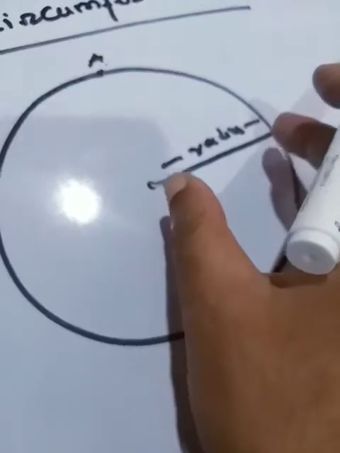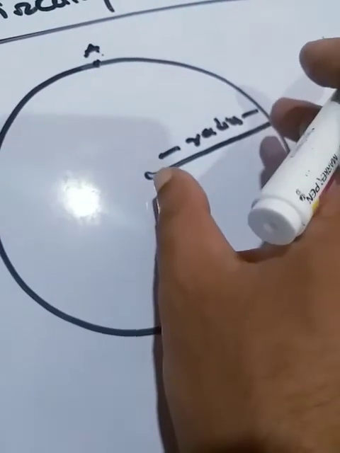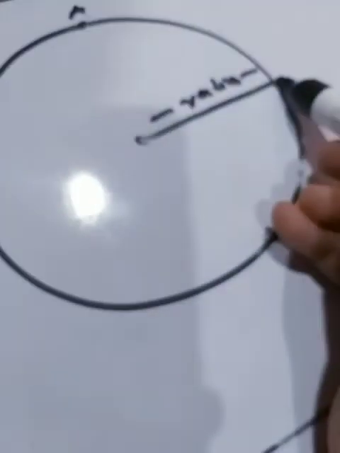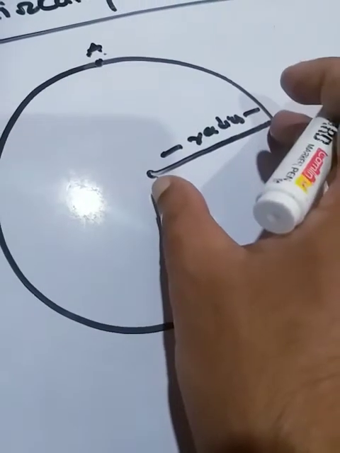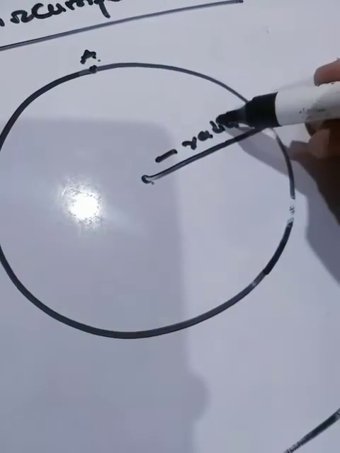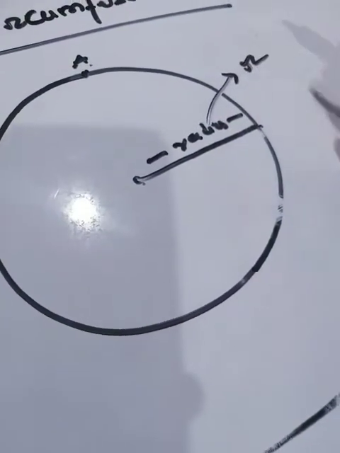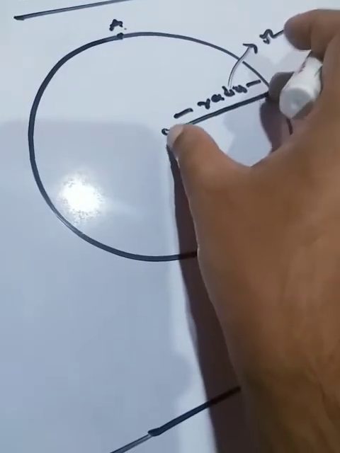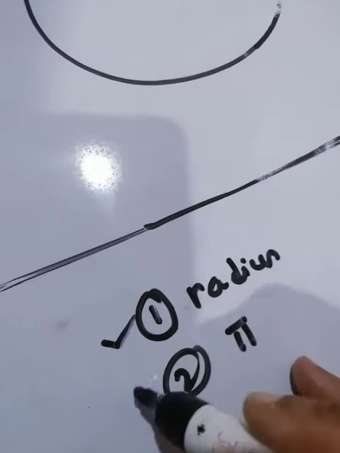Always remember that a line which goes from the center to the circumference will always be termed a radius. The abbreviated form of radius is small r. So to measure the circumference of any circle, you will need the radius, that is the length of this line segment. What is another thing that you will need?